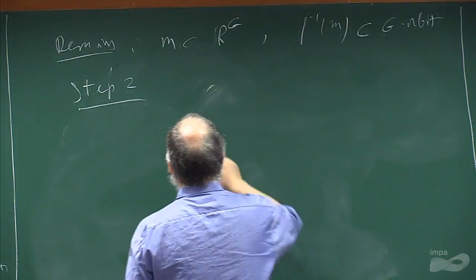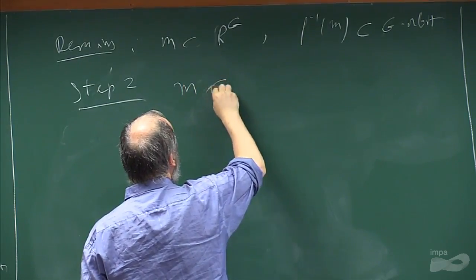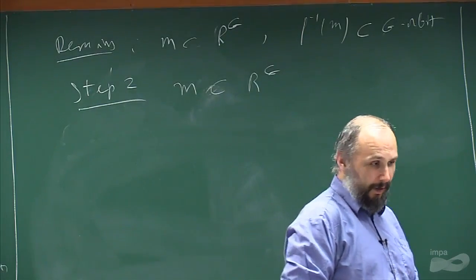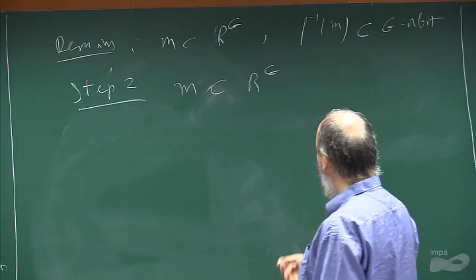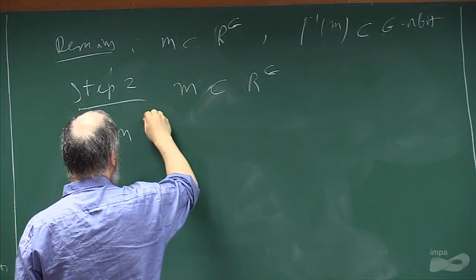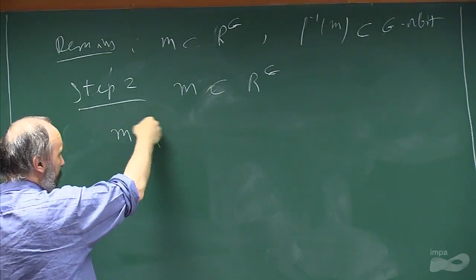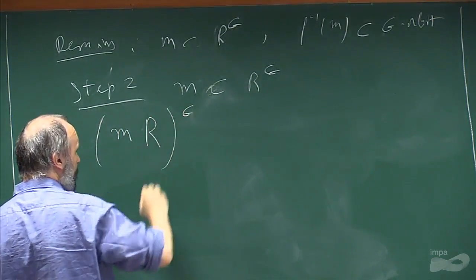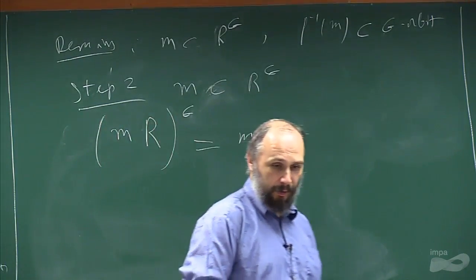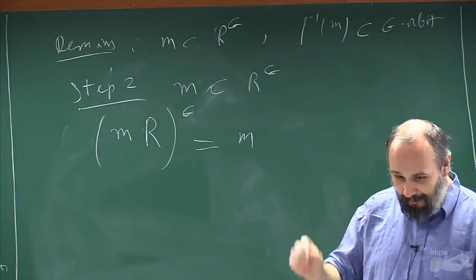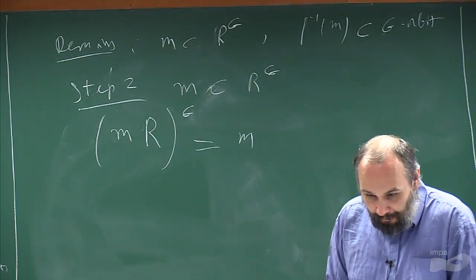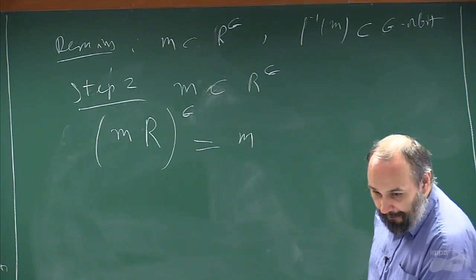So if you have M inside RG, then you can take the corresponding ideal MR. This is an ideal in R corresponding to that. You take invariants here, and this will be the same as M. It's like you can lift ideals, and for each ideal, you can take invariants.